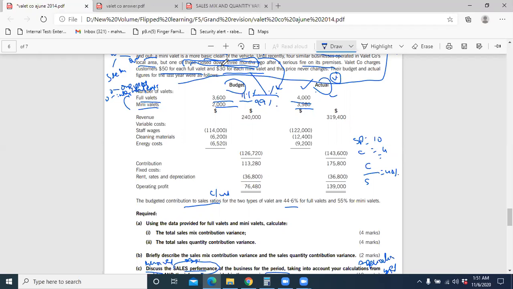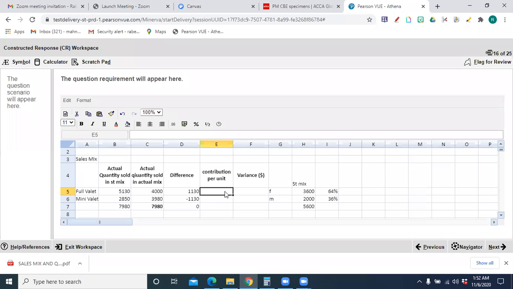Okay, so we have the selling price for full Valet to be 50 and for mini Valet to be 30, and applying that, we have the COS ratio for the two types of Valet. This 44.6% is the contribution to sales ratio for full Valet and 55% is for the mini Valet. Now how to calculate the contribution per unit?